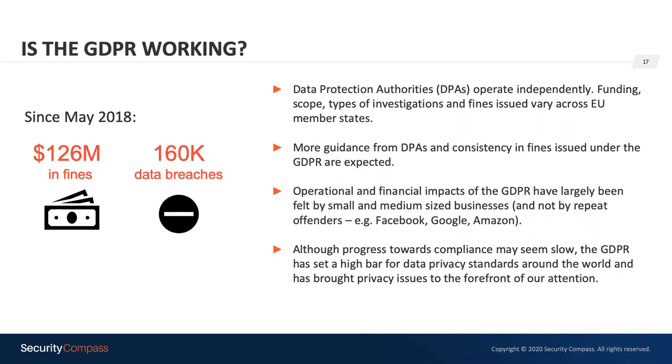So in Europe, DPAs, or data protection authorities, operate independently. Their funding, scope, types of investigations, and types of fines issued will vary across EU member states. But now that a year and a half has passed since the GDPR has come into effect, we can expect to see more guidance and fines issued under the GDPR.